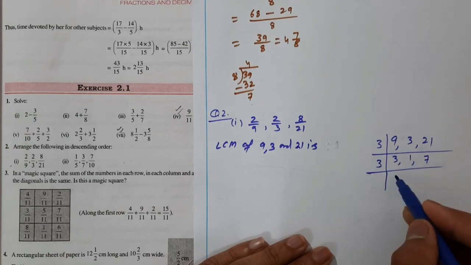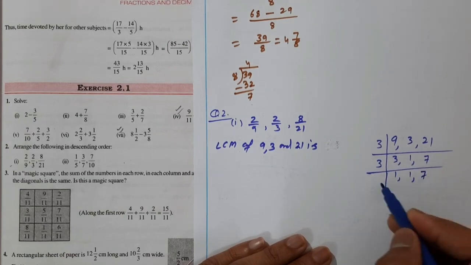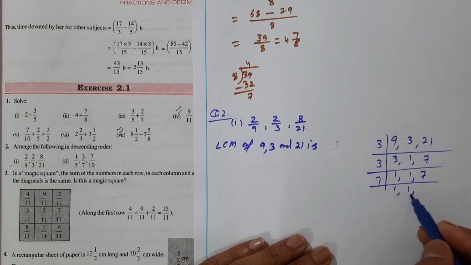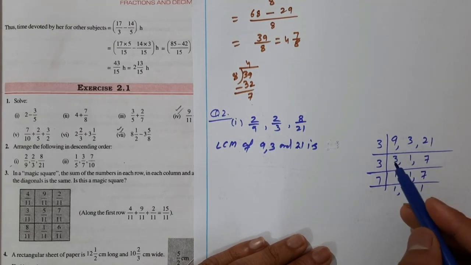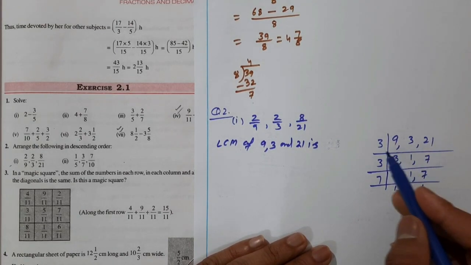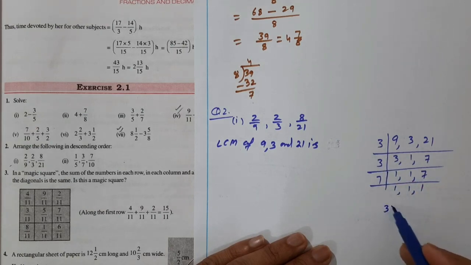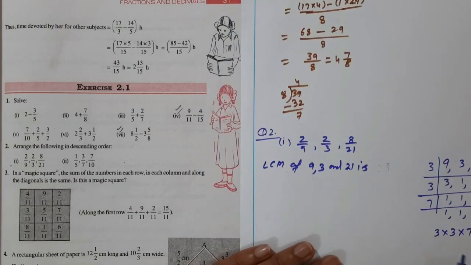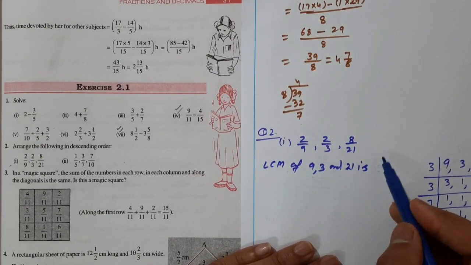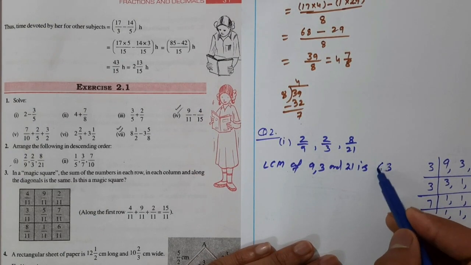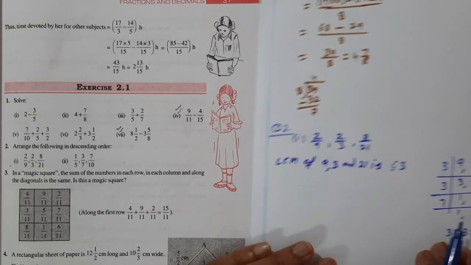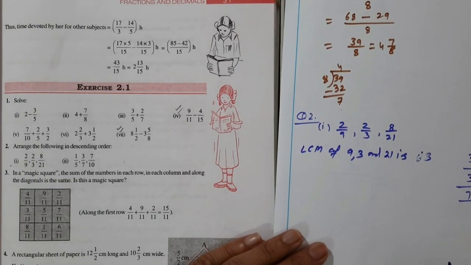Now 3, 1, 1, 7. Next 7, 1, 1, 1. So LCM of 9, 3 and 21 is 3 into 3 into 7 equal to 63.